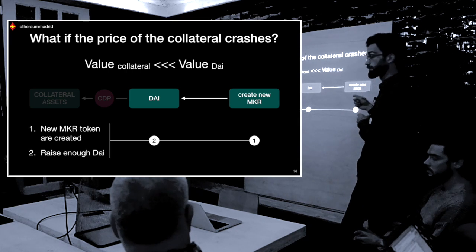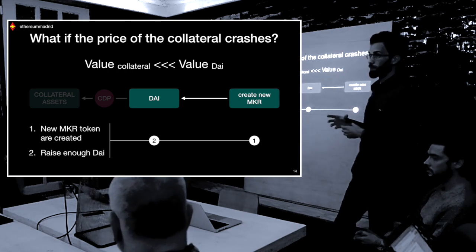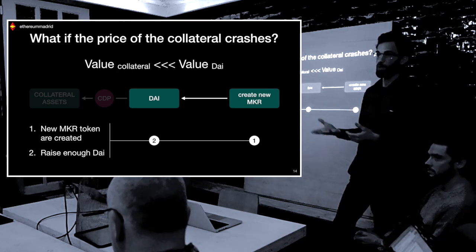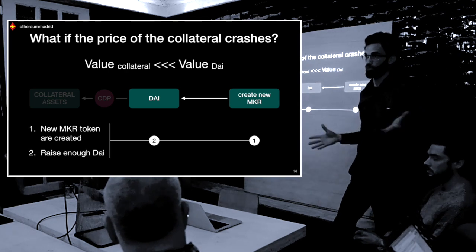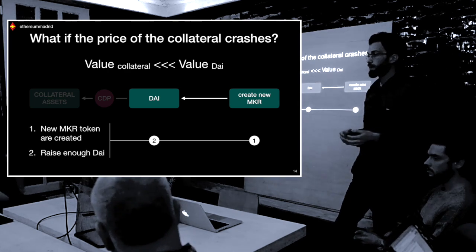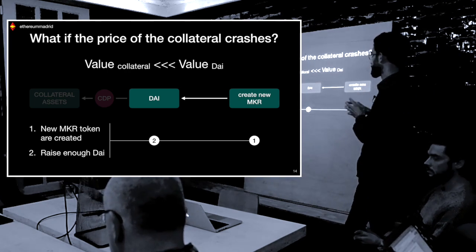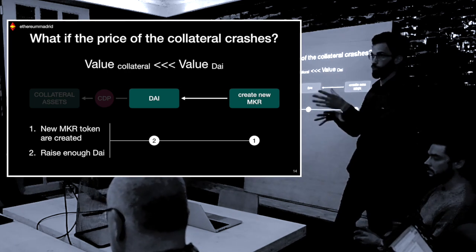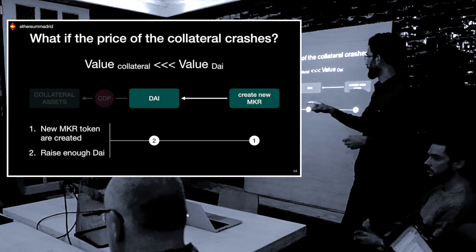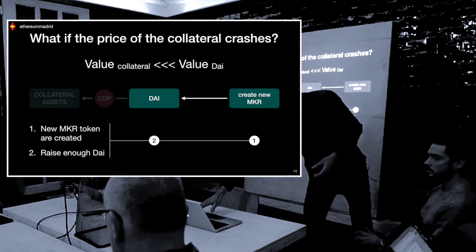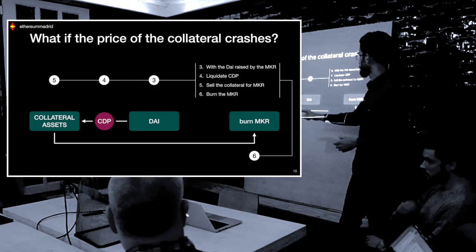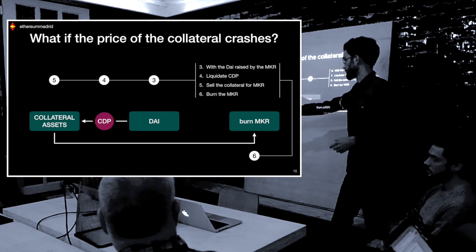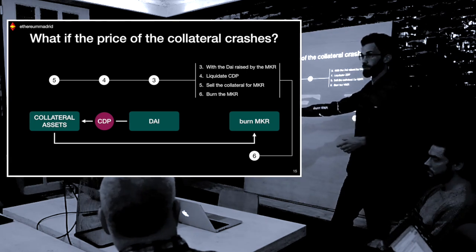We know this still has value, so we will issue more, which will dilute the value of all the outstanding MKR out there. But this has value, so the system will create new ones and buy DAI from the market from whoever wants to sell them. And with enough DAI, we can close the CDPs that are still open.